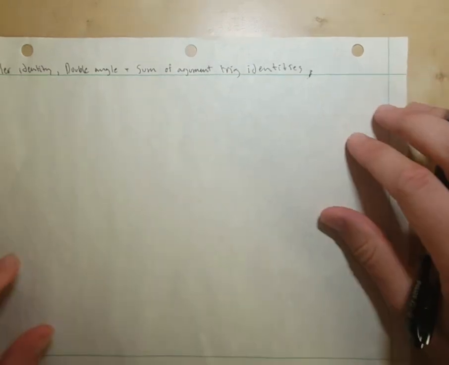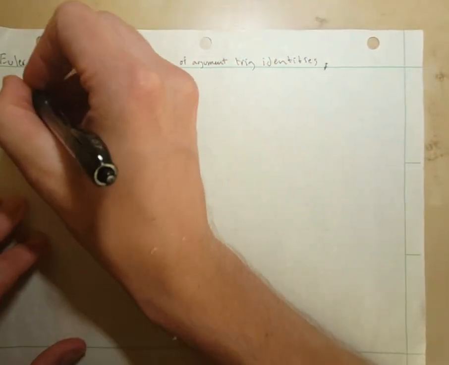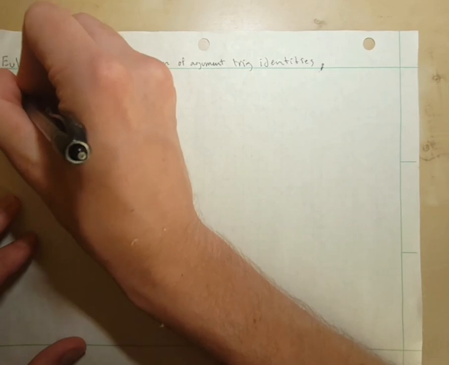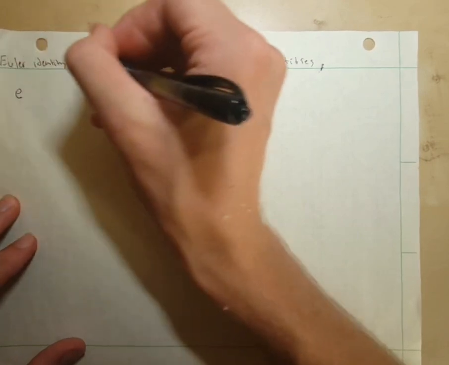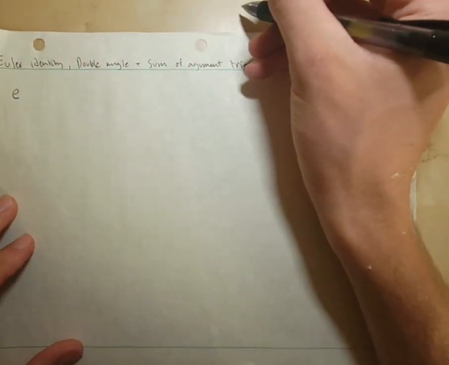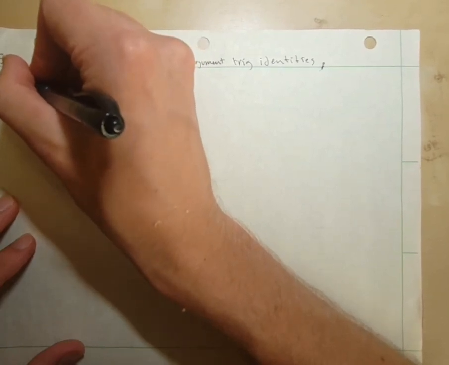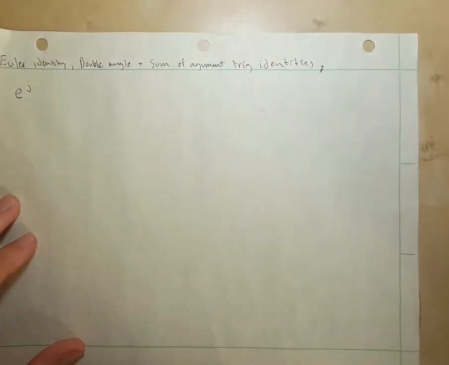But yeah, sweet. So let's begin. What's Euler's identity? Euler's identity is a fundamental relationship of the exponential e term you might have seen in your algebra classes. It involves complex numbers and Taylor series or series expansions.